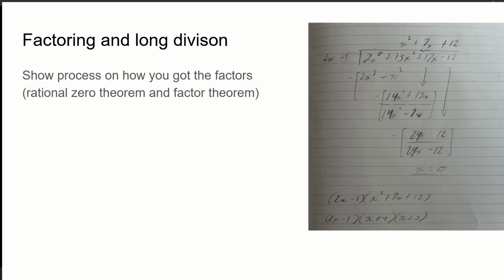How you do that is you plug in numbers which are a factor of the last term. So, all the factors of 12: plus minus 1, plus minus 2, plus minus 3, plus minus 4, plus minus 6, right? And you keep doing that until your function equals 0.